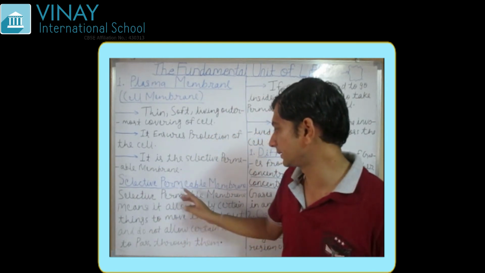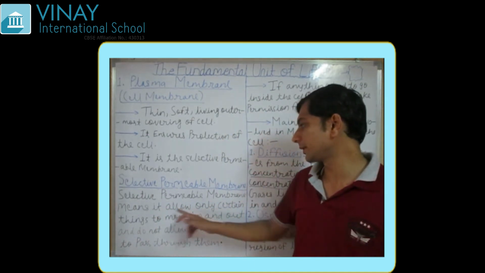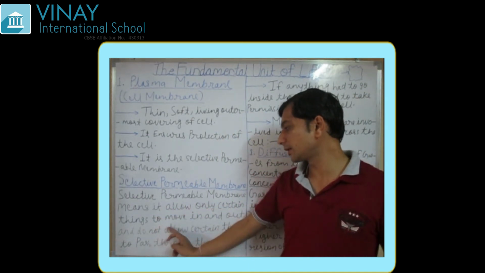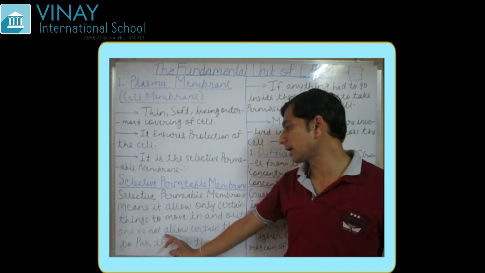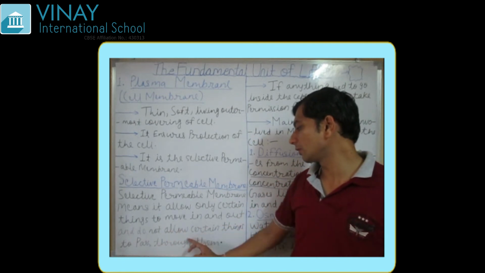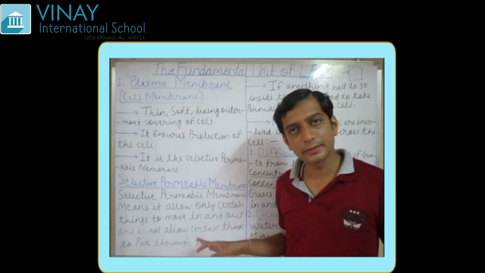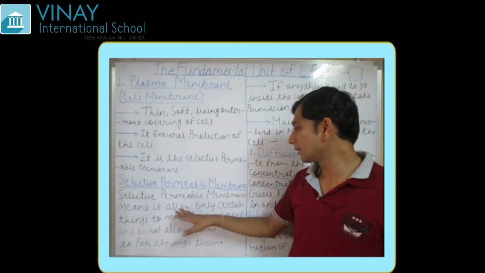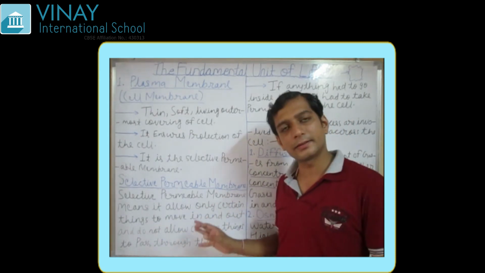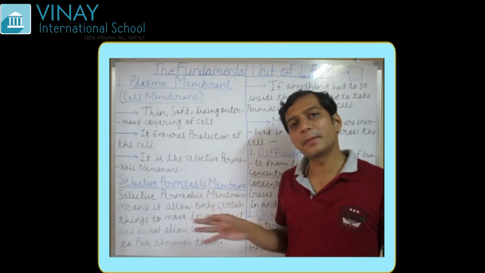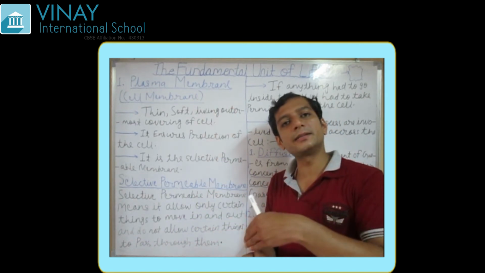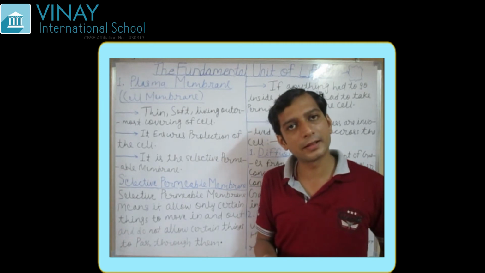Selective permeable membrane means it allows only certain things to move in and out and does not allow certain things to pass through. Only the substances which this membrane allows will enter the cell or go outside the cell.